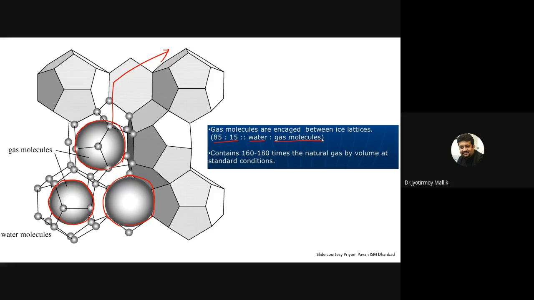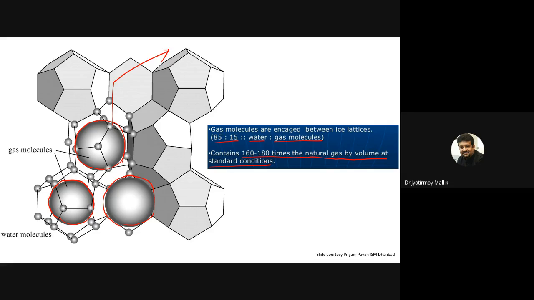Now, if you see the amount of ice under the ocean floor, you will be amazed what that means in terms of gas with an 85 to 15 ratio. It's really too much. It contains 160 to 180 times natural gas by volume at standard conditions.